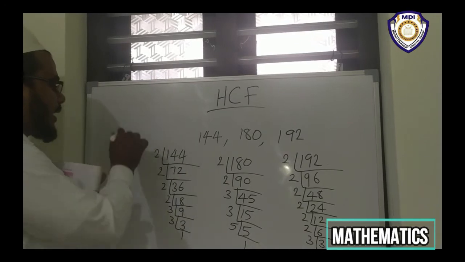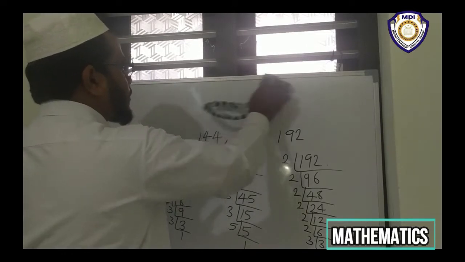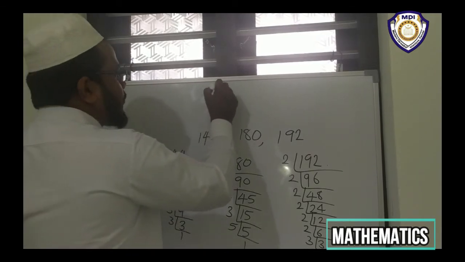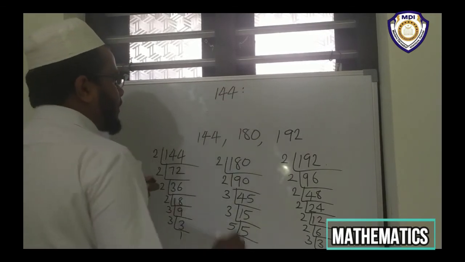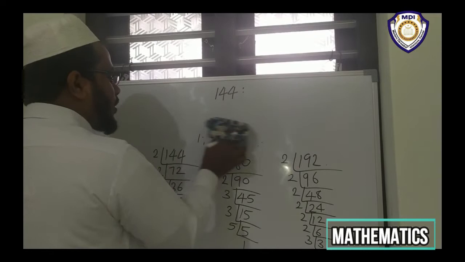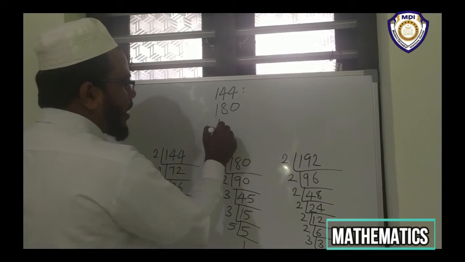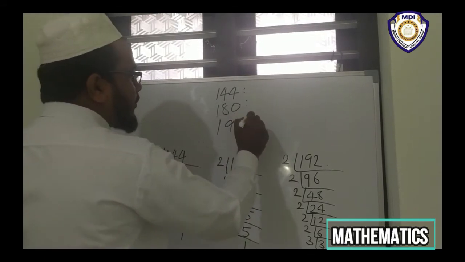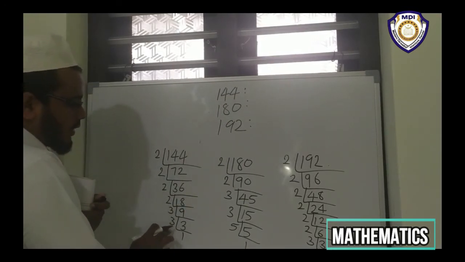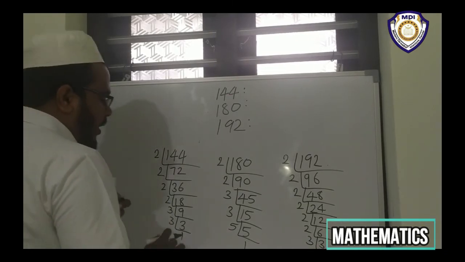The table has the numbers 144, 180 and 192, and their factors. For 144: 2, 2, 2, 2, 3, 3. How many twos? Four twos and double 3.